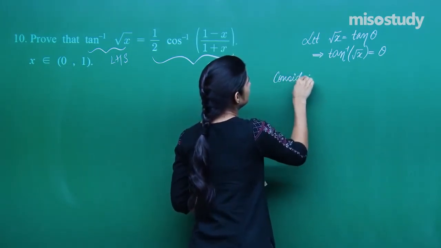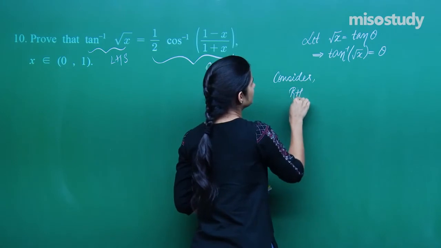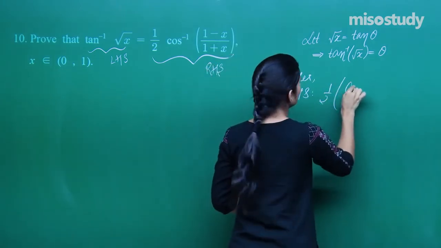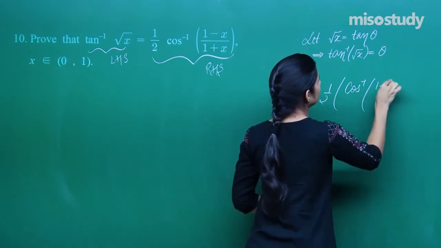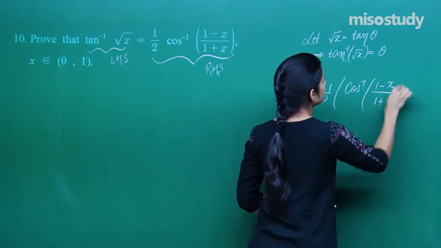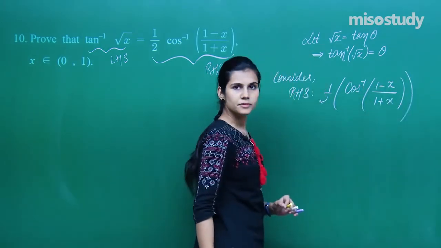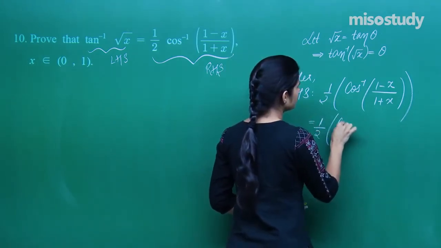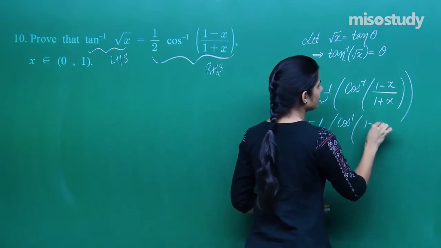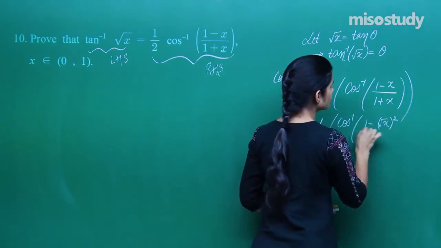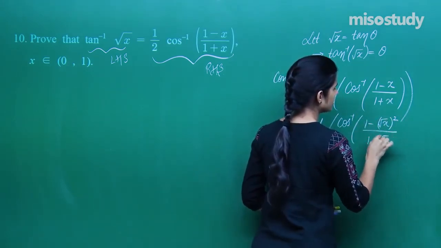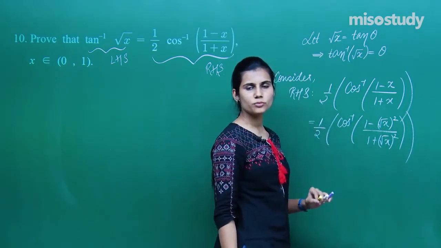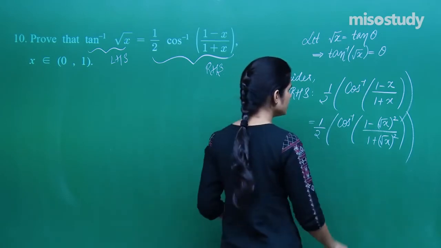So basically I am trying to take tan inverse root x to be equal to theta. If you consider the right hand side, you have 1 by 2 cos inverse of 1 minus x upon 1 plus x. I can write this as 1 by 2 cos inverse of 1 minus root x whole square upon 1 plus root x whole square. Obviously, because I need to bring root x in picture, that is what is sitting in the argument of tan inverse on the left hand side.